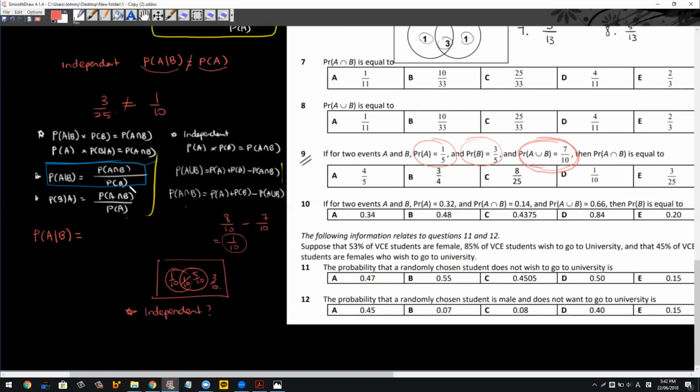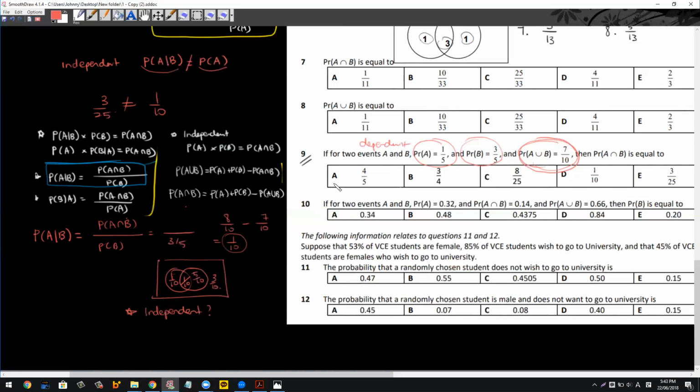So everything that I'm talking about right now may seem abstract, but as you do more questions, it will become more and more obvious, I think. So if you have a probability of A given B, since this is dependent, we're going to have a look at this quantity here. So this is equal to probability of A and B over probability of B. We know that probability of B is equal to 3 out of 5.